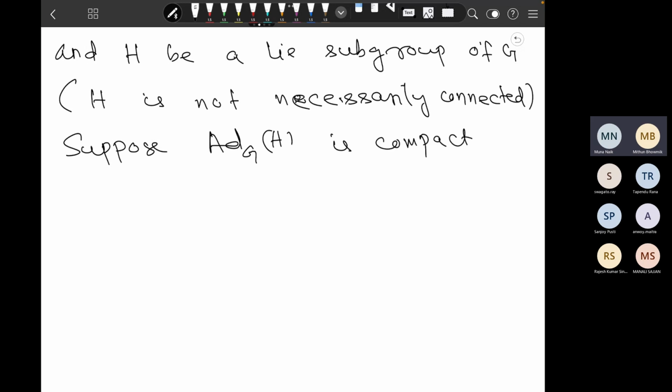If G is a Lie group, then its connected component G0 is always closed and open in G. These are some facts. If you look at the connected component of identity inside G, that is G0.